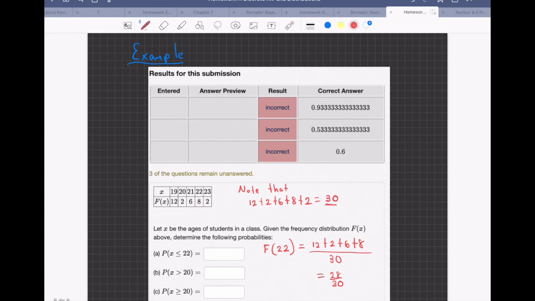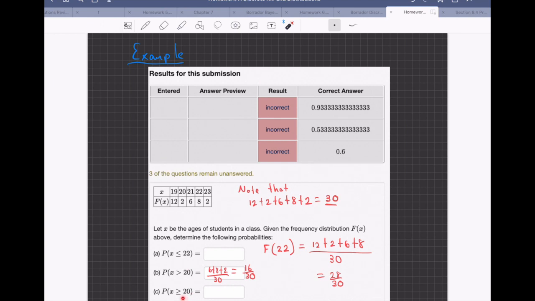So it's going to be 6 plus 8 plus 2 divided by 30, and it's going to be 16 divided by 30. And if you compute this, you will realize this is equal to this.